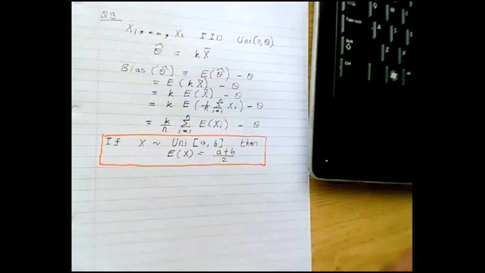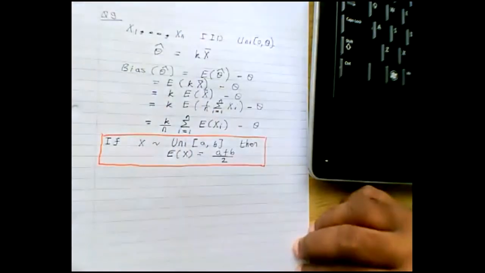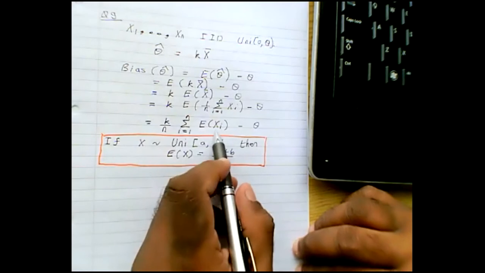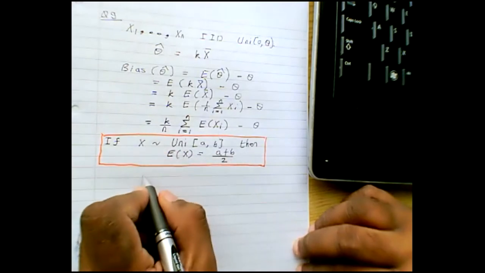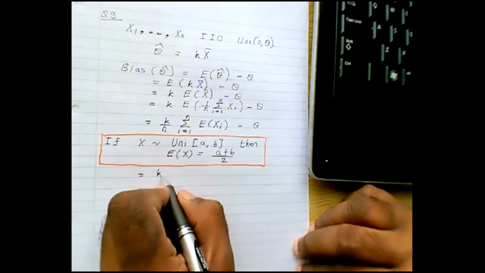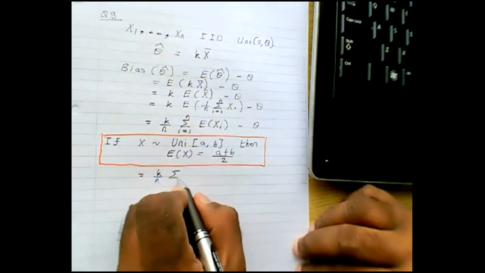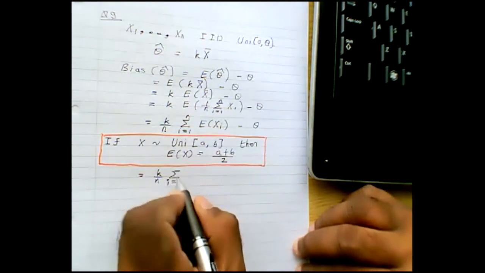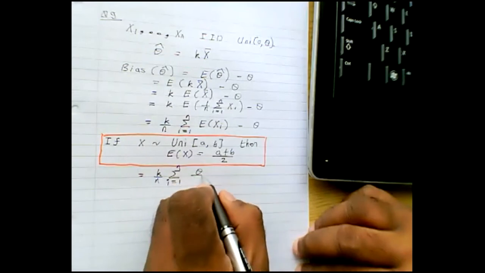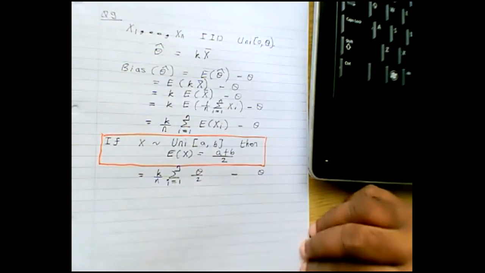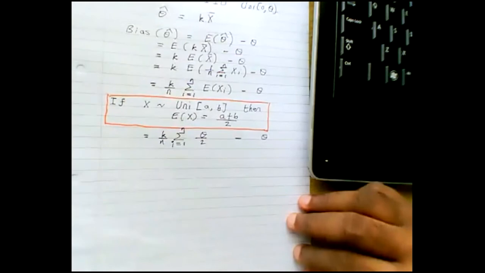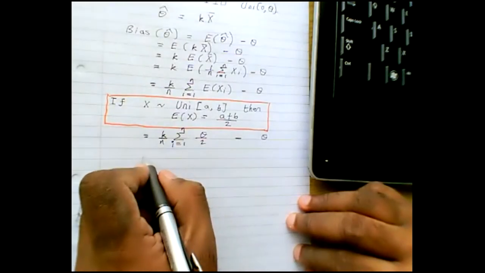Yes. So using this result, the expectation of xi is gonna be k divided by n times the sum of theta by 2 minus theta, right? Now theta by 2 is a constant with respect to i.